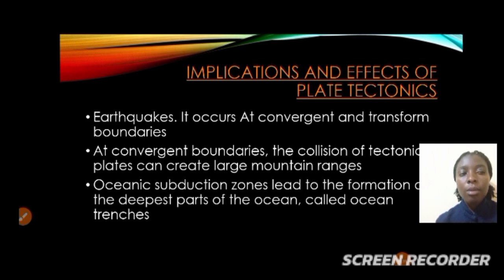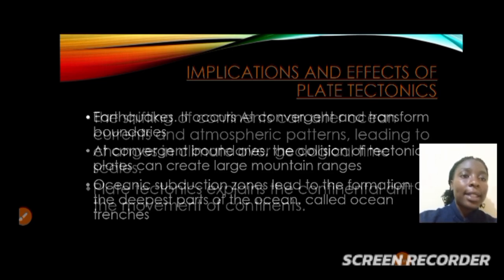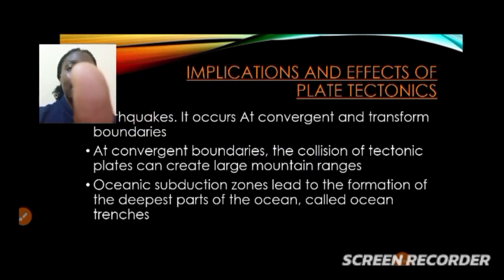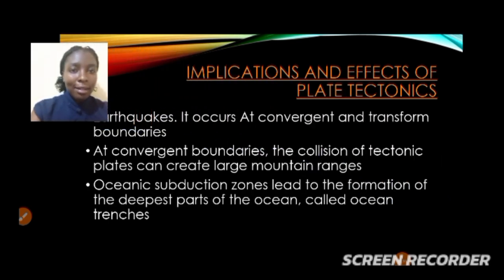A good example is the San Andreas. Then we can talk about the convergent boundary. The collision of tectonic plates can create a large mountain range. Here we can talk of the Himalayas, the largest mountain in the world.